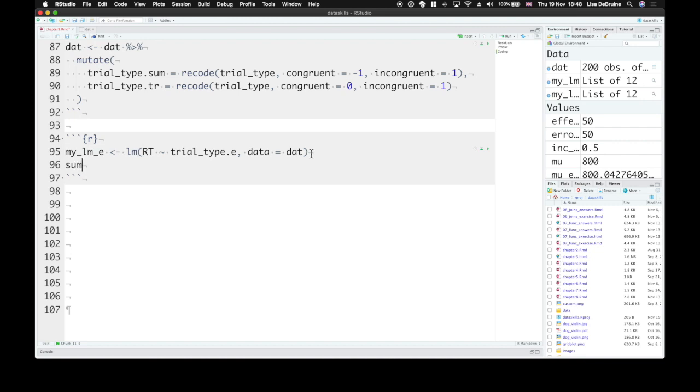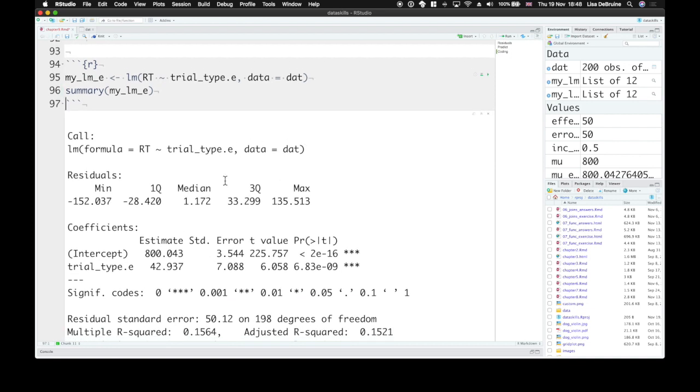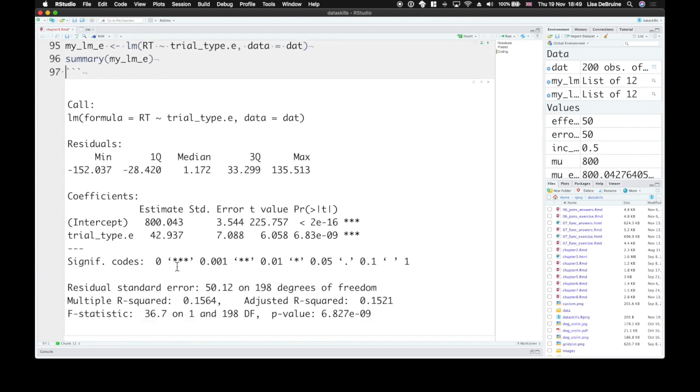And look at the summary. Now remember, this is the same as before. Our intercept is approximately what we simulated, the 800 millisecond value. Our trial type, the difference between congruent and incongruent trials, was 50 milliseconds, and we've gotten about that. And our standard error of the residual is what we simulated.